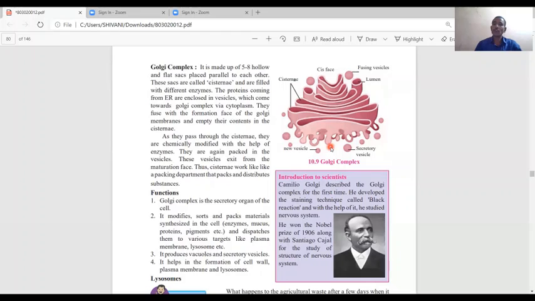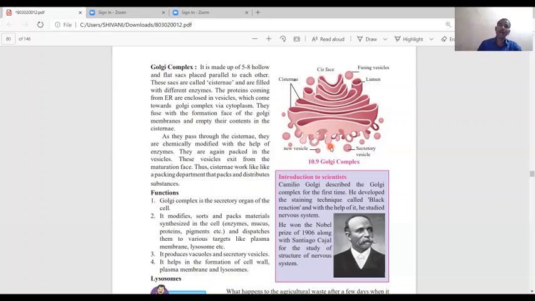It modifies, sorts, and packs materials synthesized in the cell, materials such as enzymes, mucus, proteins, and pigments, and dispatches them to various targets like the plasma membrane, lysosomes, and various cell organelles.